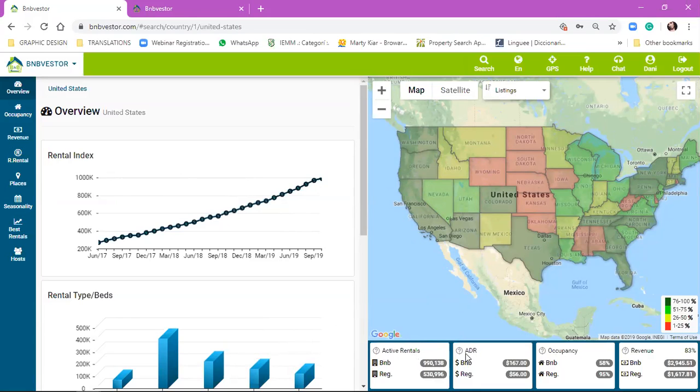Then we have ADR with it, which is average daily rate. It's the average rate of accommodation per occupied room. That is the average sale price per listing. Remember, we're talking around the whole US. So the average is $167 for a B&B listing per night. And then we have regular rentals for $56.